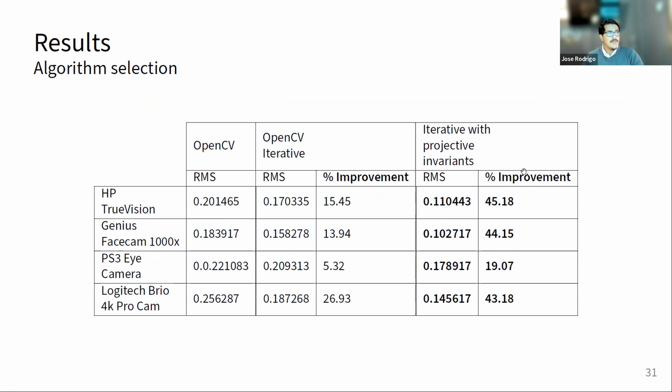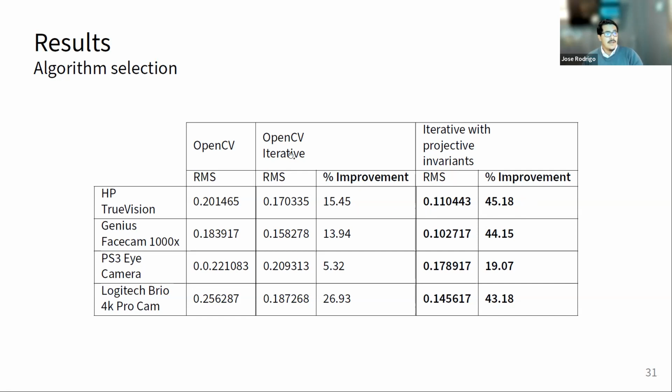Okay, for the first experiment, the algorithm selection, we can see here the base results, that we have the OpenCV algorithm as base to compare our results, the OpenCV iterative, and our method iterative with projective invariants, where we can see that the percentage of improvement is pretty high.